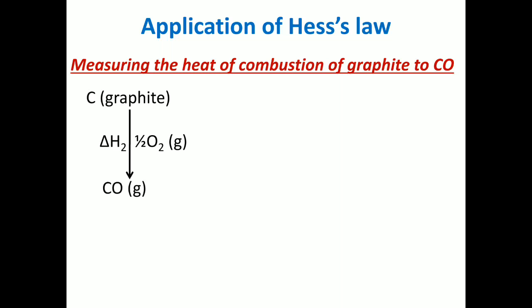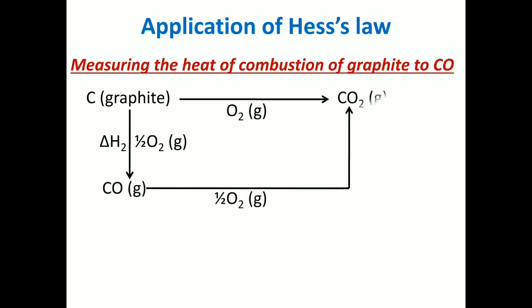However, the enthalpy for the oxidation of graphite to CO2 and the enthalpy for the oxidation of carbon monoxide to carbon dioxide can easily be measured. For this conversion, the heat of combustion values, that is del H1 and del H3 values, are minus 393.5 kilojoule and minus 283.5 kilojoule respectively.